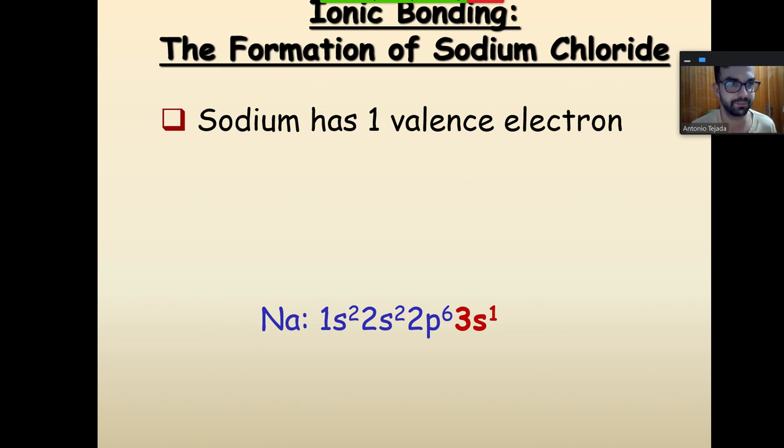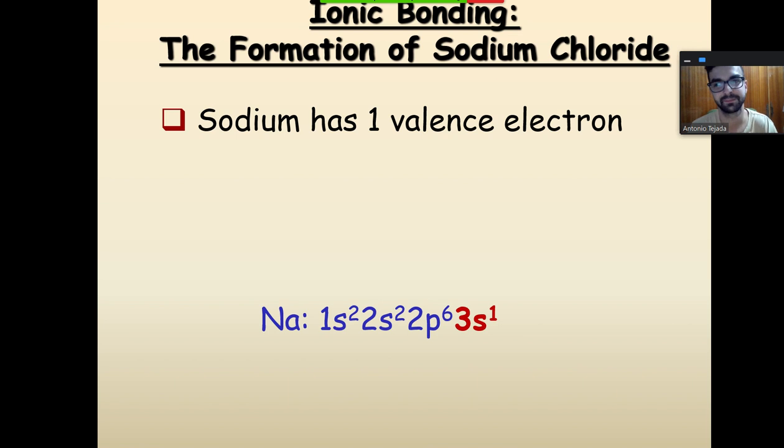We have sodium. Sodium has one valence electron, which means it has one electron in its last energy level. So sodium can lose the electron because it just has one.